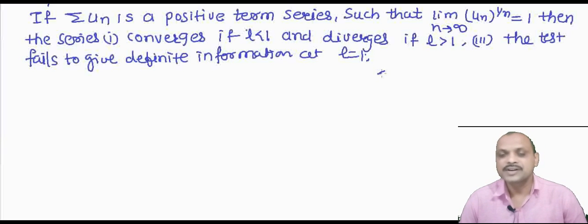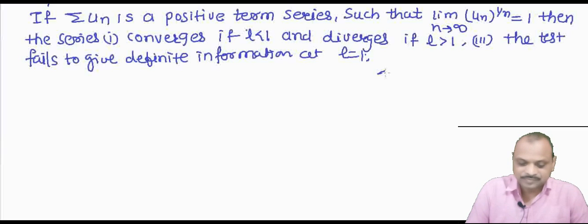So this is the statement of Cauchy's root test. Why have we called it Cauchy's root test? You can see that we have taken the nth root of the term un. So let us see the first case, that is, when L is less than 1.